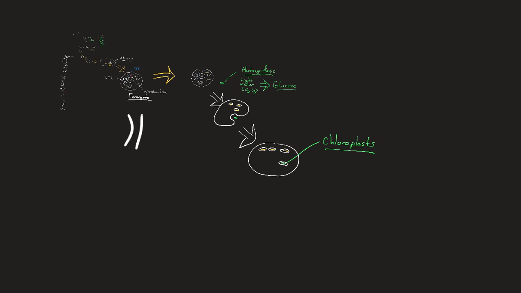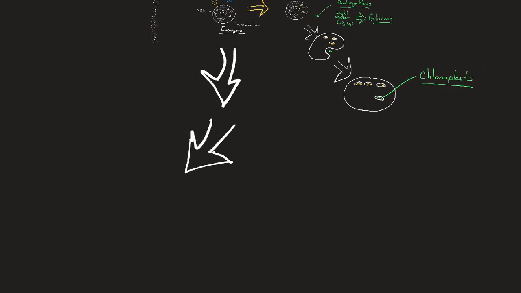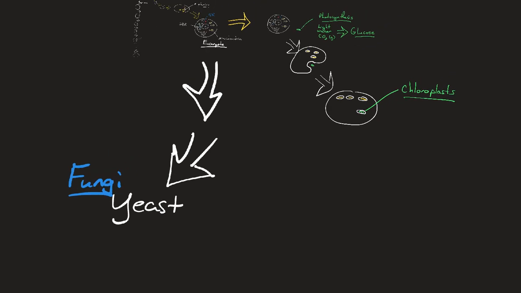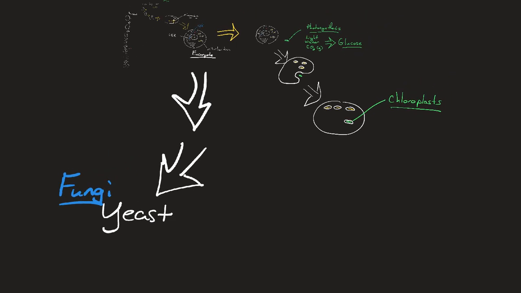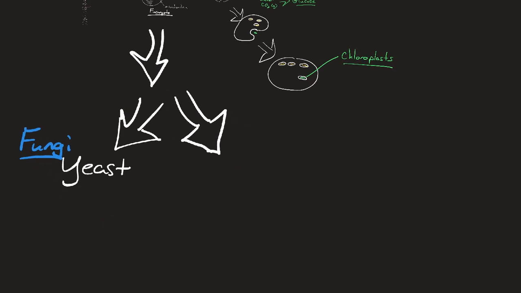All the cells that didn't happen to, they kept evolving. Eventually, some of them became yeast, and a group called what? Fungi, right? They are eukaryotes, right? Another branch led to a group called animals.